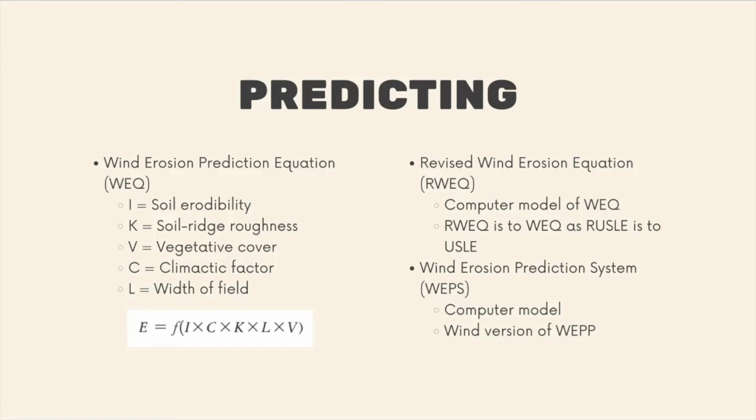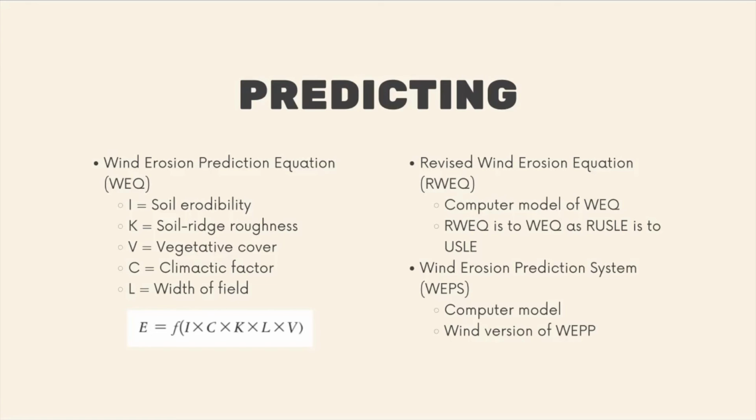And then there's also the revised wind erosion equation, which is a computer model of the wind erosion prediction equation. So the revised wind erosion equation is kind of like what the revised universal soil loss equation is to the universal soil loss equation. It's pretty much the same thing. It's just a computer model, and it's being continuously updated to be more accurate.